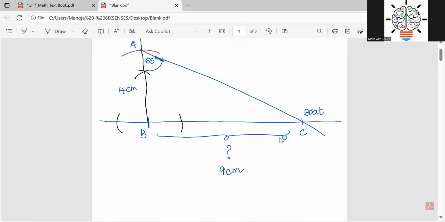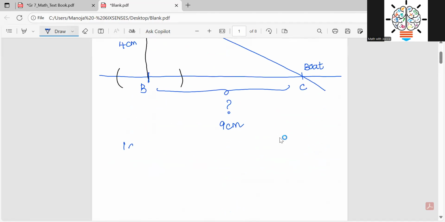Okay. Now, 1 centimeter covers 5 meters. And if it is 9 centimeters, it covers 5 meters, sorry about that.